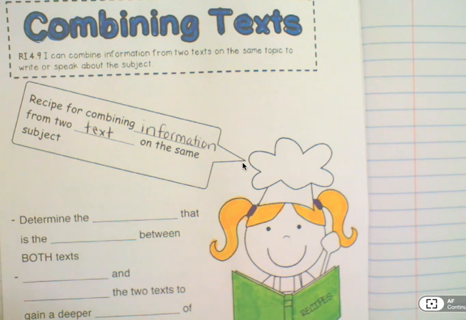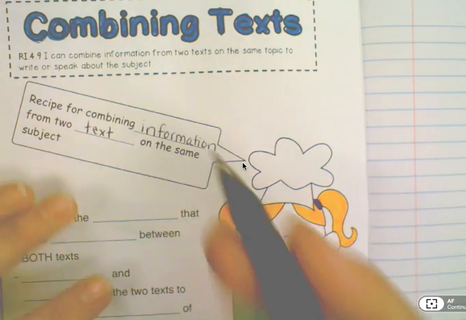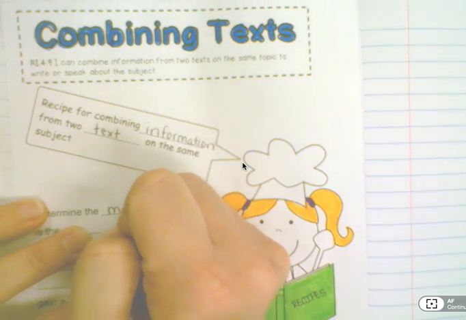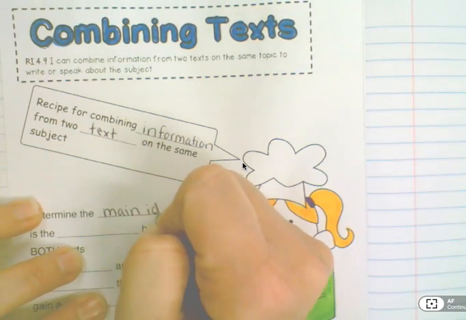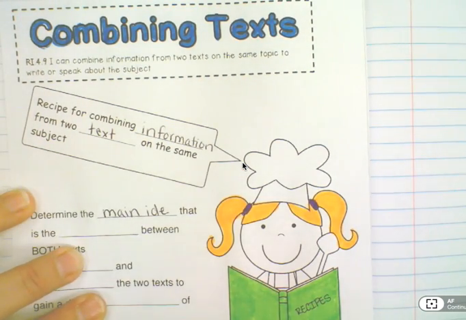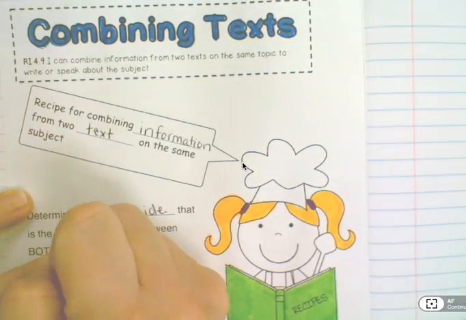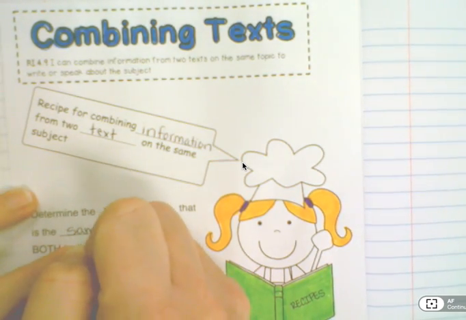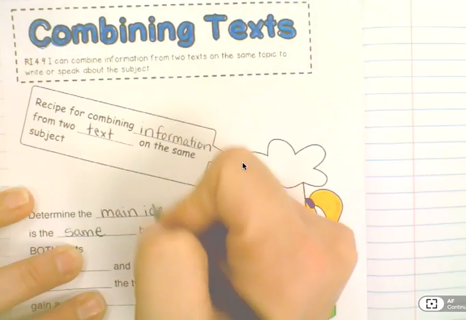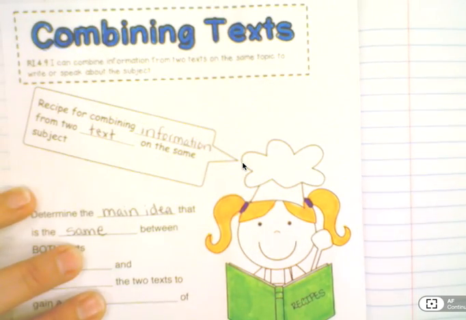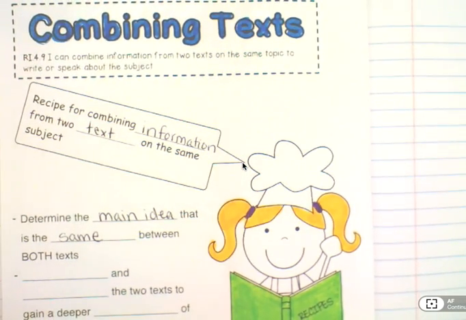So the first thing about reading two different texts is making sure that their main idea is the same or similar. Determine the main idea that is the same between both texts.